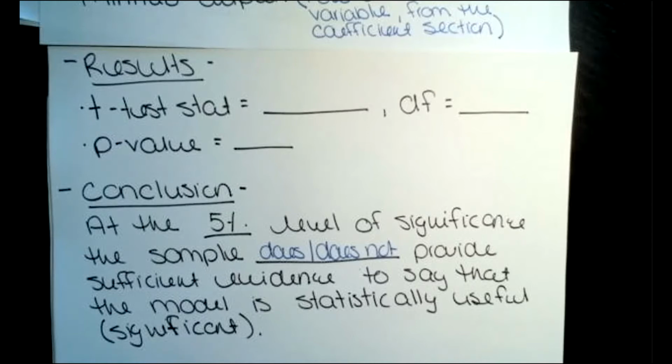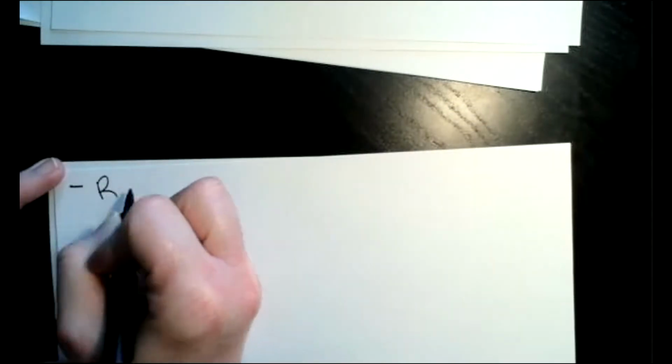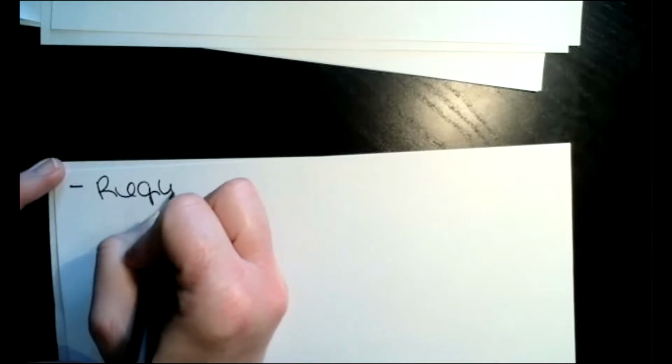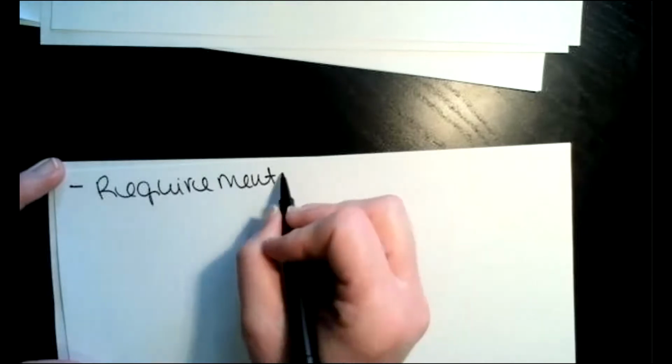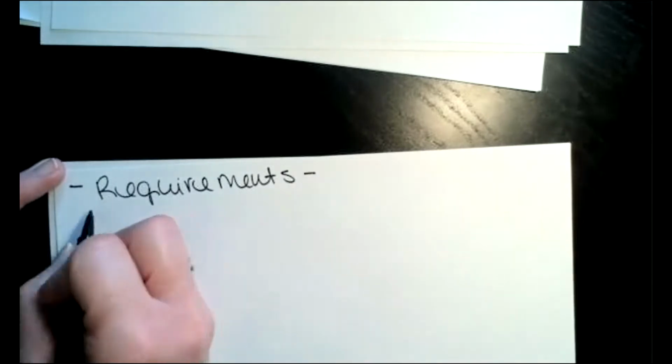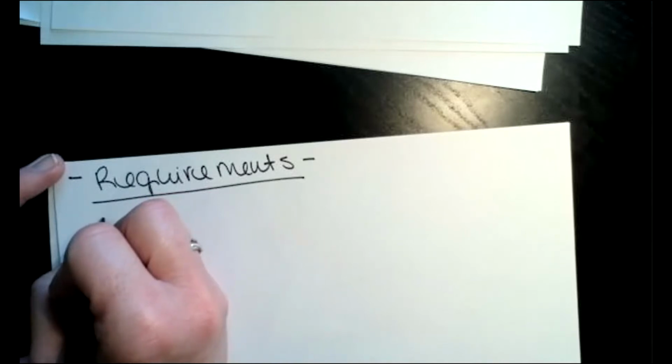So I'm just going to go over the residual analysis before we work on an example together. So here we have our requirements. I know I gave you these last class, but we're going to talk about them again. Our requirements, this is called residual analysis.